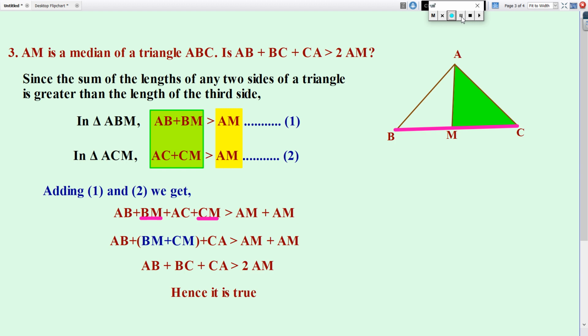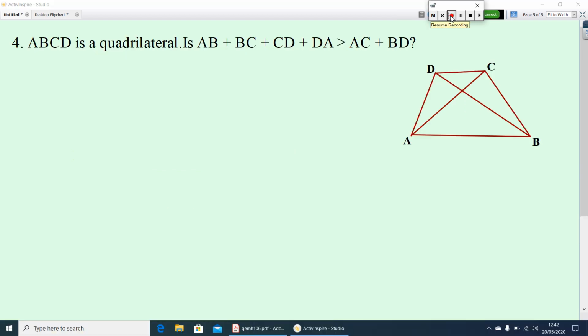Now look at the next question. The fourth question: ABCD is a quadrilateral. Is AB plus BC plus CD plus DA greater than AC plus BD? Here the sides are AB, BC, CD, AD. So these sides contain a triangle, first you find out.